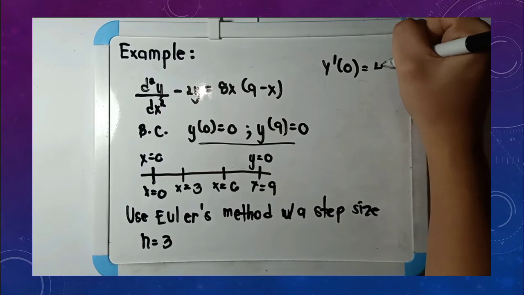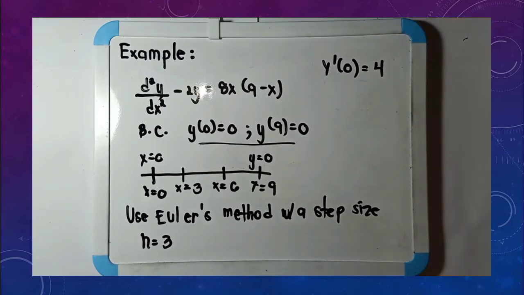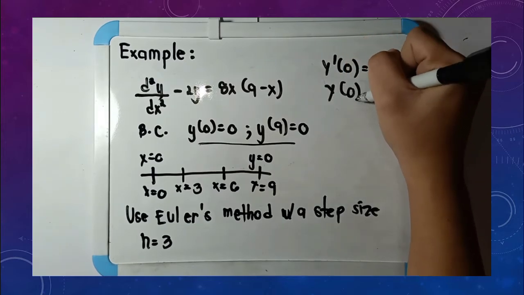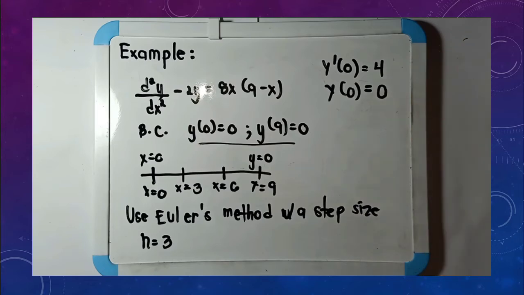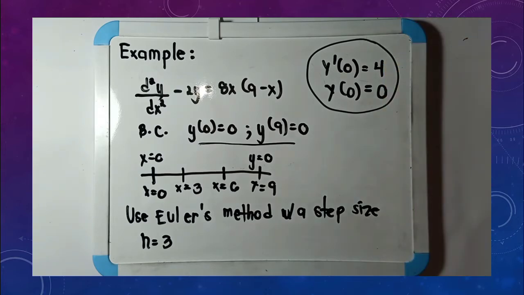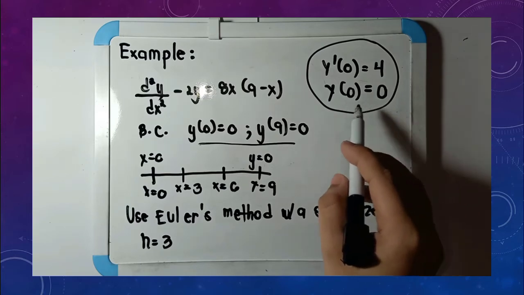So we assume that y prime 0 is equal to 4 and in conjunction with y sub 0 is equal to 0, we will use these two initial conditions to be able to solve the problem. So as I've said earlier, we are going to use y sub 0 is equal to 0 as our first initial value.